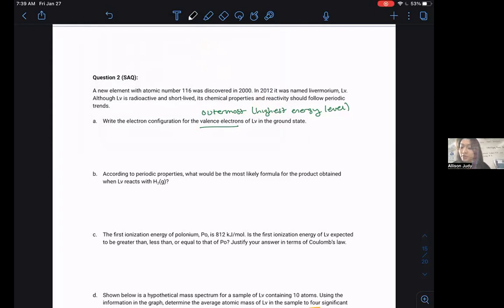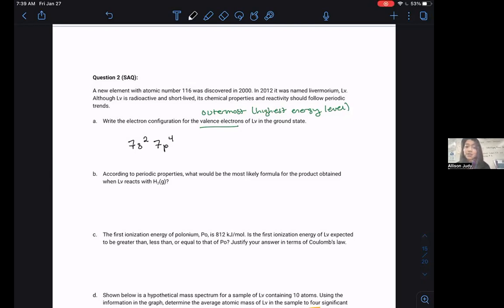So for livermorium, we would say that the electron configuration is 7s2, because to get to livermorium, you do fill row 7 s orbital, and there must be 2 to be full. And then we go on to 7p4. A question you might be asking yourself right now is, wait, wouldn't I go to 5f, 6d, and then 7p according to electron configuration?